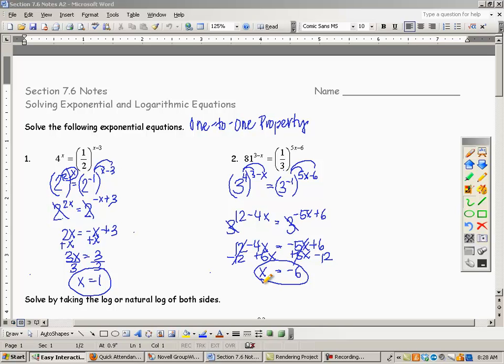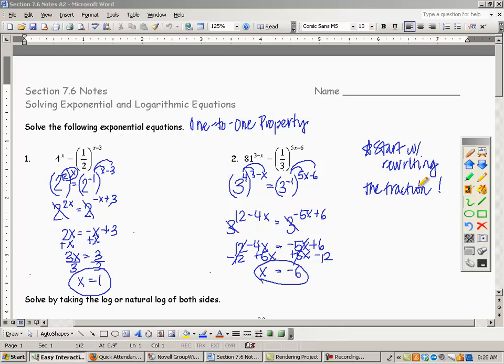Okay, so the idea of the one-to-one property is that you can make the bases the same. My suggestion is start with rewriting the fraction, because if you rewrite the fraction, then it'll tell you what the base is on the other side. So that's the one-to-one property.